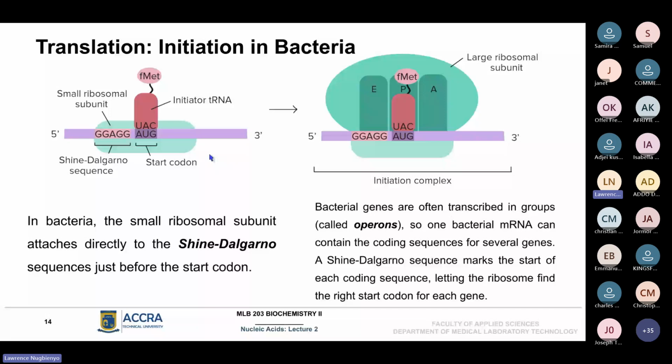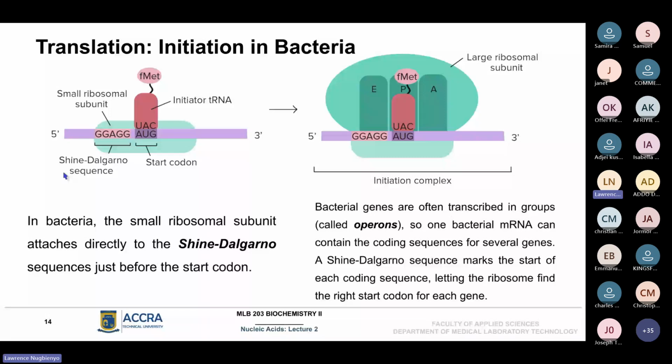So you have this guanosine, adenosine, guanosine, GGAGG, the Shine-Dalgarno sequence. So in bacteria, that promoter region for the initiation of translation is referred to as the Shine-Dalgarno sequence.